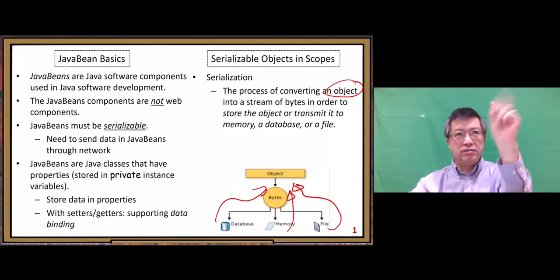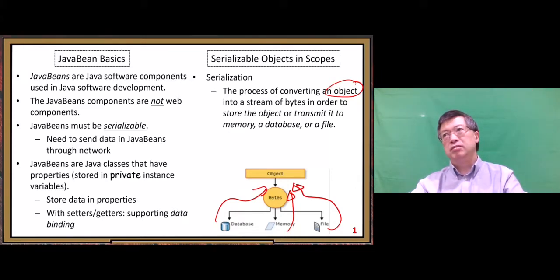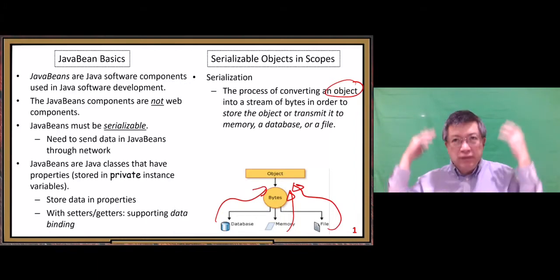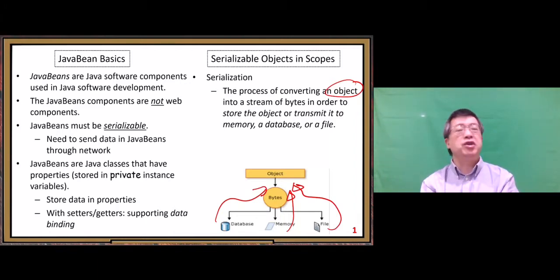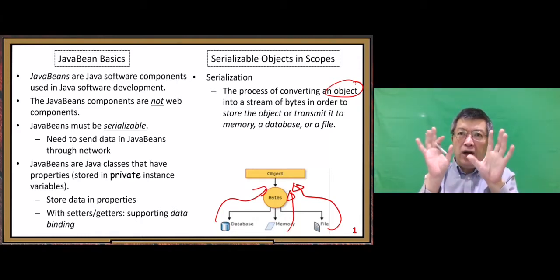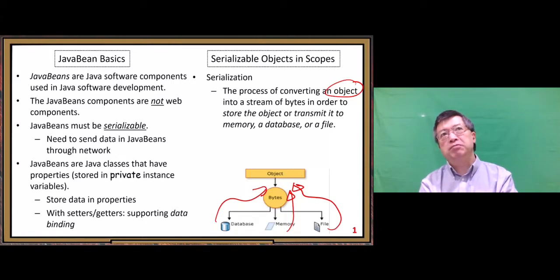So that's the concept. But with this explanation, you couldn't understand what serialization really means. This is an abstract word. I know its purpose, but I do not know its exact meaning. Here, let me give you a little more explanation.